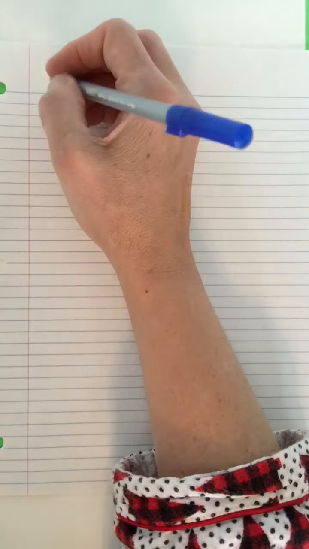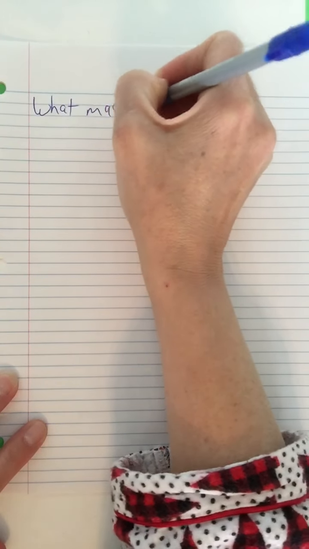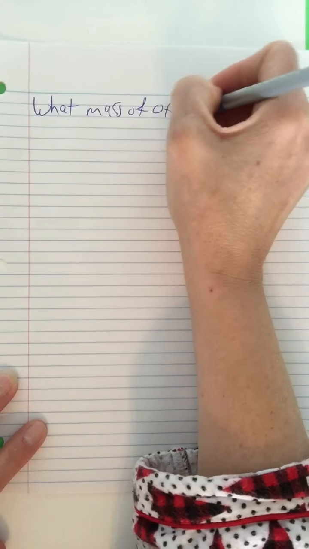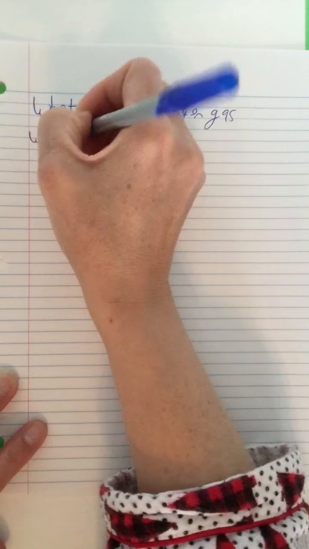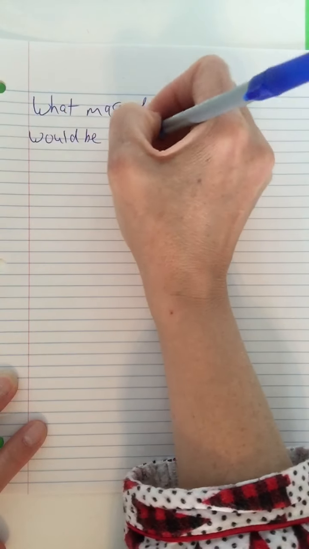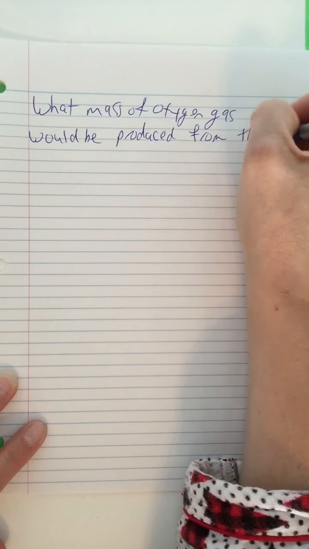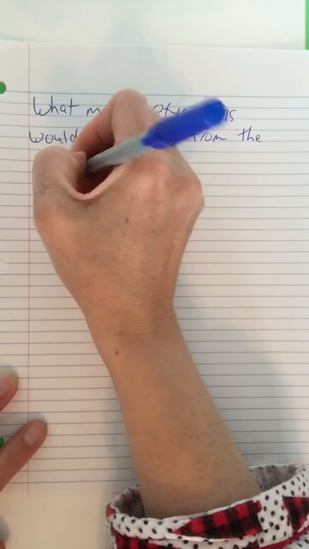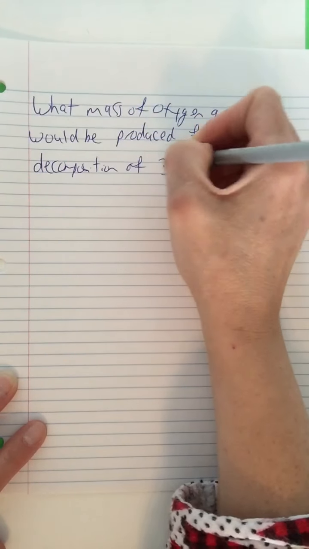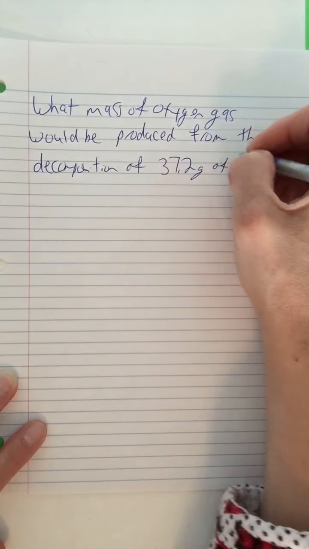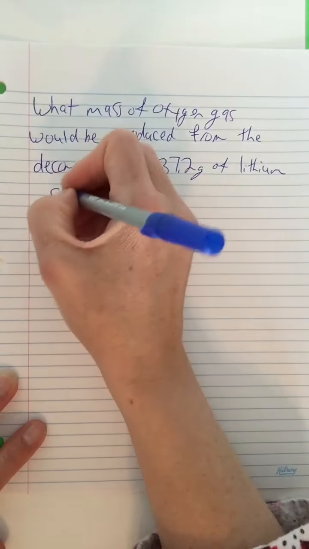Okay, what mass of oxygen gas would be produced from the decomposition of 37.2 grams of lithium chlorate.